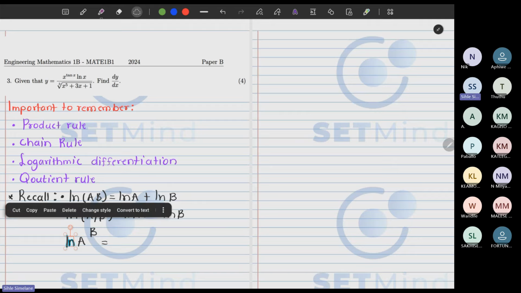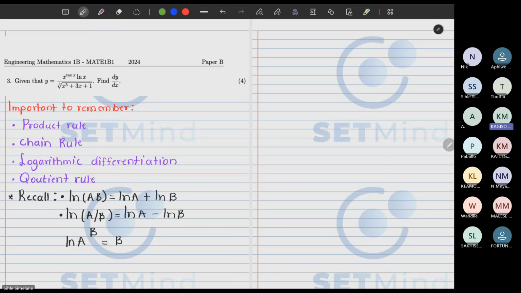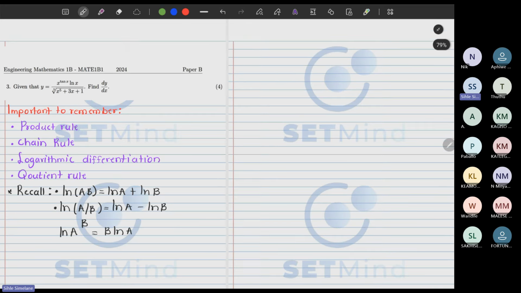Yep, you can go ahead, Kakiso. We must drop the exponent down, so it's going to be B times the ln of A, if I'm not mistaken. Yep, you are not mistaken. It is going to be B ln of A. So we'll take that, guys, and use it here because it will make our life easy.